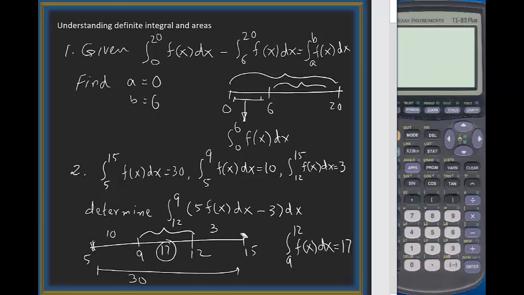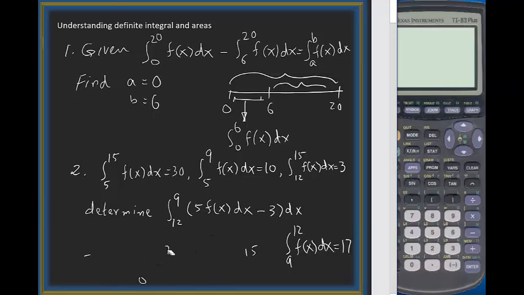Alright, so now we'll be using this result to determine our integral. This integral is going from 12 to 9. You can put another negative in front and write this one as 9 to 12 of 5 f(x) minus 3 dx. Now when you pull all these apart, 5 is a constant, leave it outside with the negative sign.